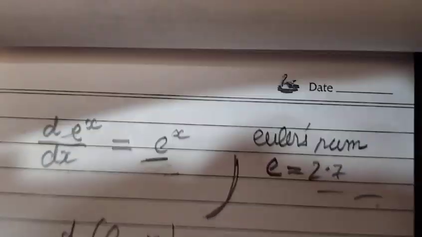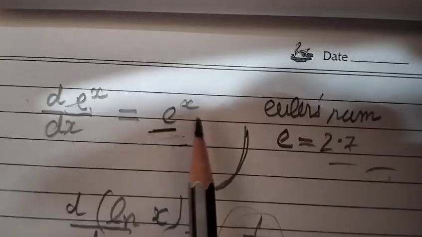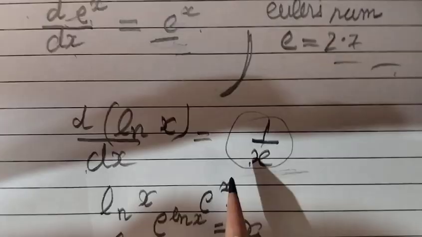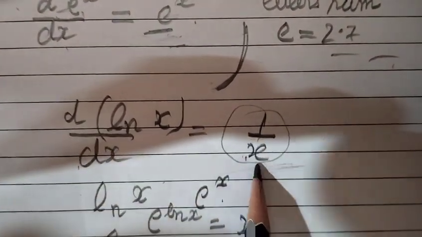Simply speaking, as we had learned that the derivative of e to the x is equal to e to the x, and we know that ln x is the inverse of e to the x, the result is just going to be the inverse of x.